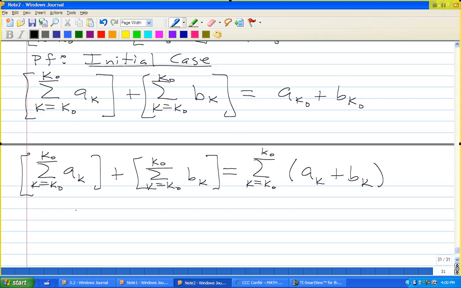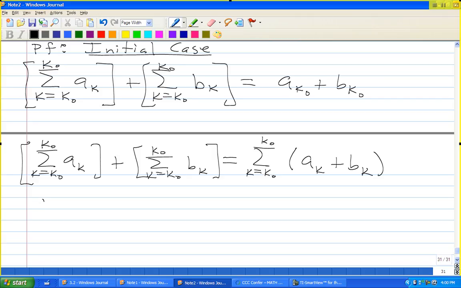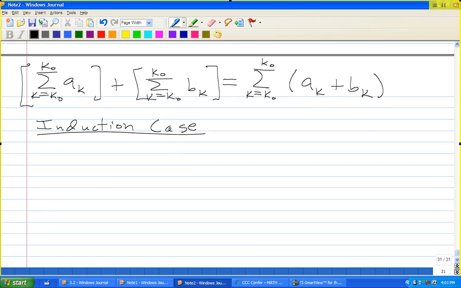So let's do the induction step. So let's suppose that this holds for m, for some natural number m, obviously bigger than k sub 0.